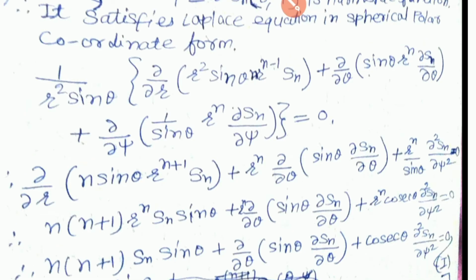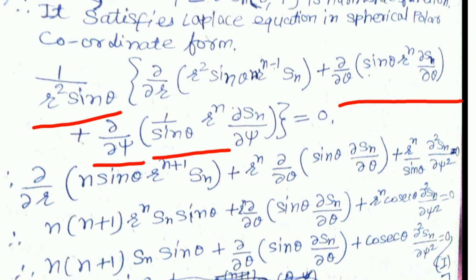Therefore we have one upon r square sin theta, dou by dou r of r square sin theta into n r to the power n minus 1 into Sn, plus dou by dou theta of sin theta r to the power n dou Sn by dou theta, plus dou by dou psi of 1 upon sin theta into r to the power n dou Sn by dou psi, is equal to 0.